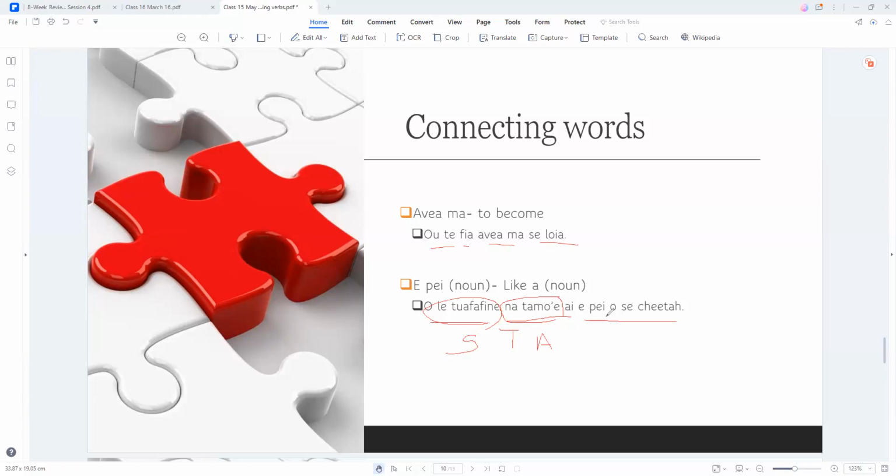This is where we get into e pei, and usually what comes afterwards is a noun, so it's o se cheetah, o se maile, a dog, a shark, whatever you want to put right there. But e pei o, and then the noun. You'll hear a lot of songs and poems with e pei, and that's what it means, like this or like that.